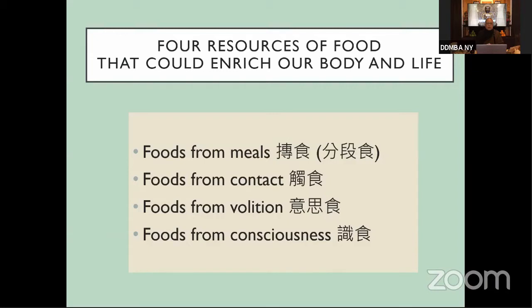Sometimes in extreme conditions, you can bypass food, sleep and water through your willpower. That's called the volition, especially the volition mental factors from your sixth consciousness.